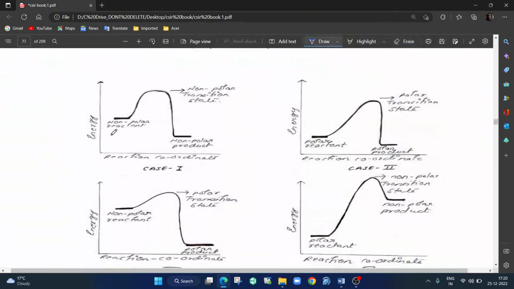So if your reactant is non-polar and product is non-polar, you get a simple peak, but you will not get any extra stabilization if you change the solvent from non-polar to polar, because the transition state also will be non-polar. So it has quite high activation energy, right?